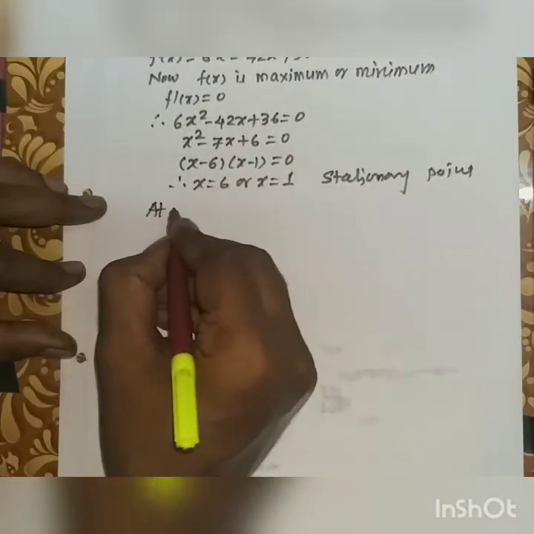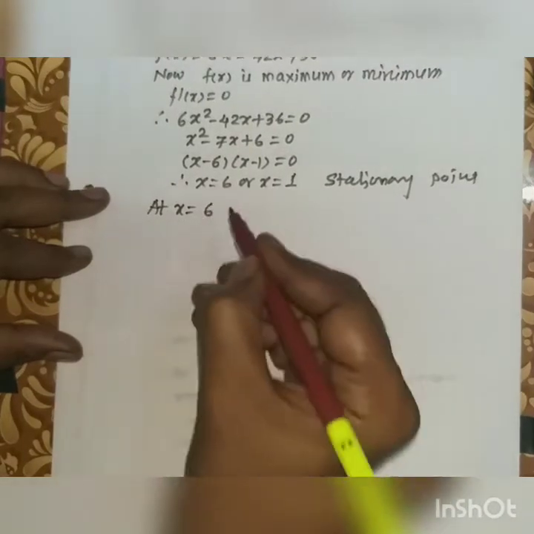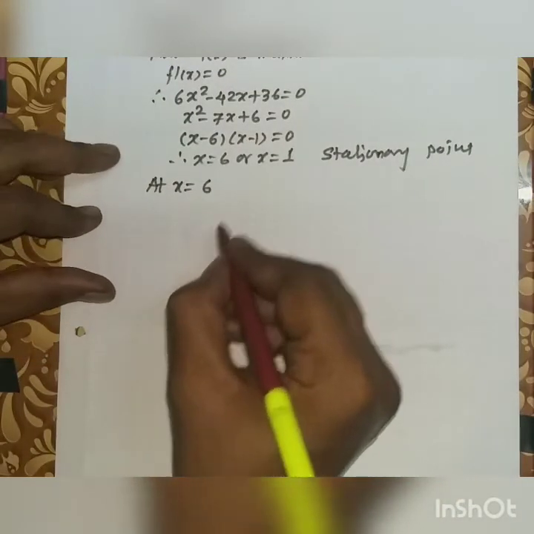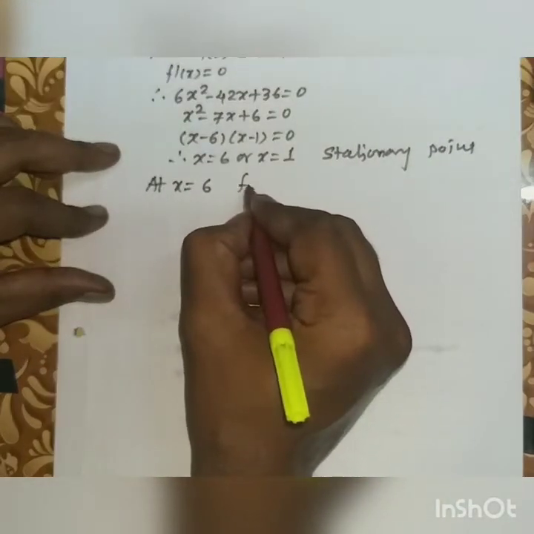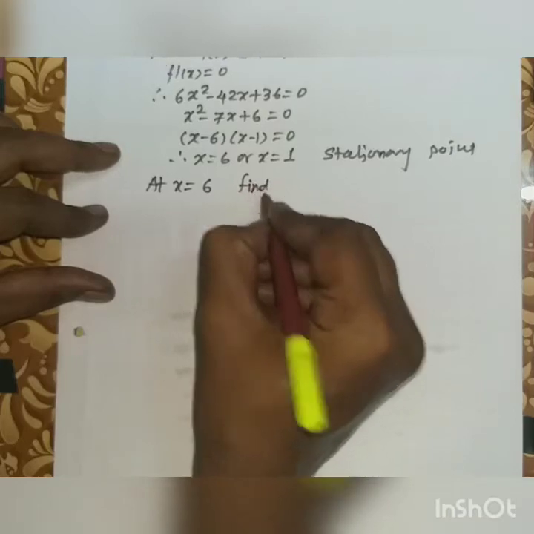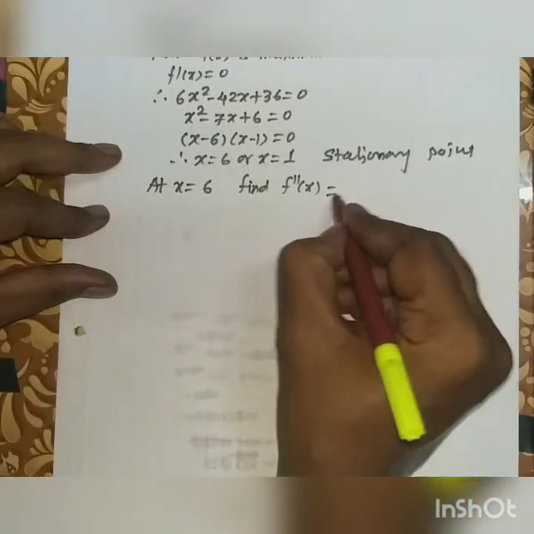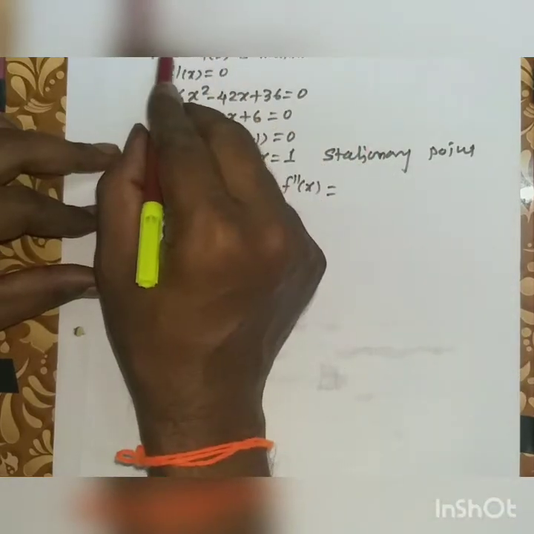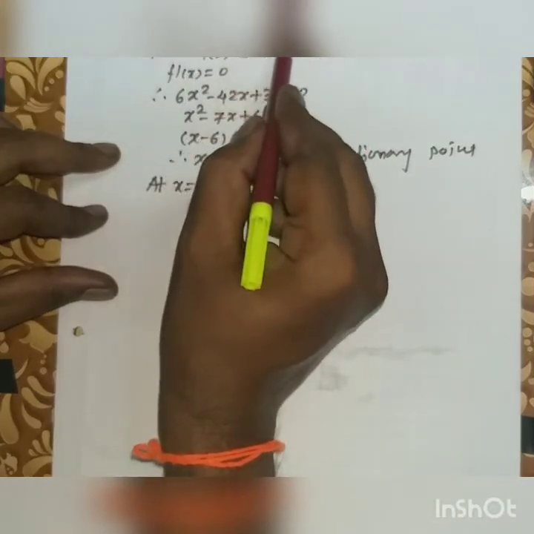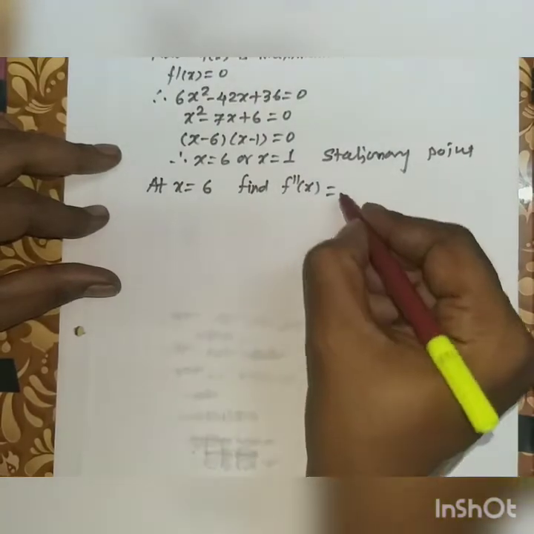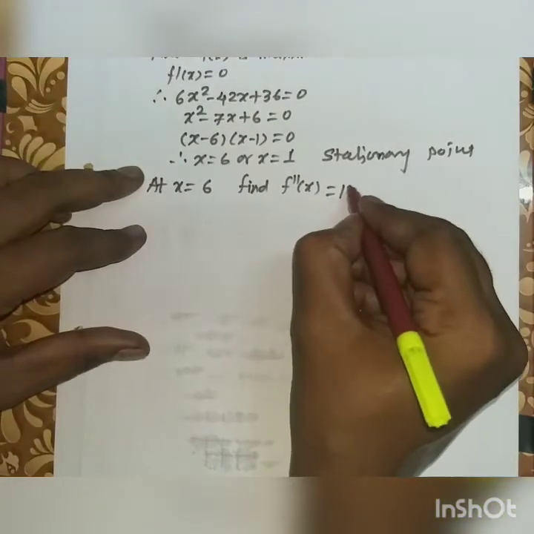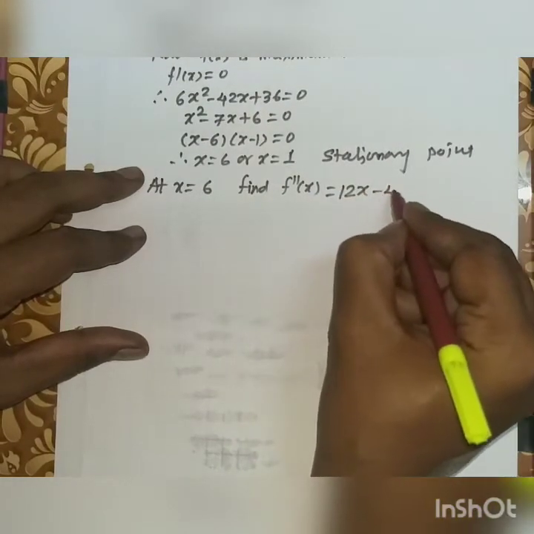Now at x is equal to 6. First find f double dash of x. The first order derivative is 6x square minus 42x plus 36, so f double dash of x is 12x minus 42.